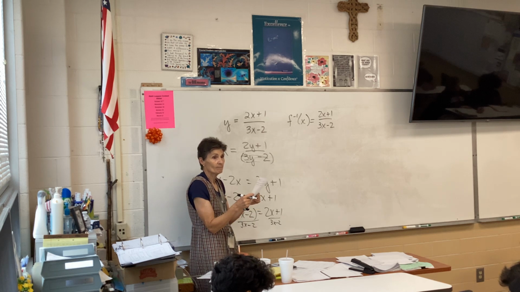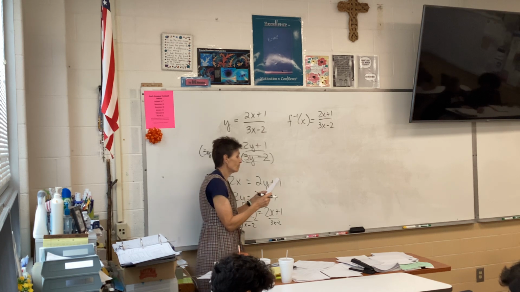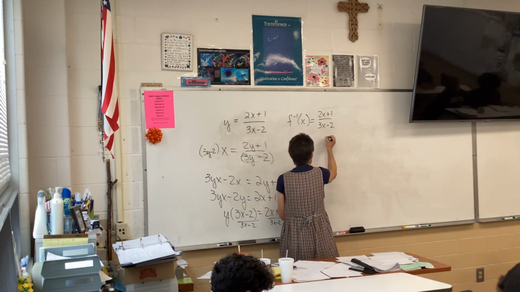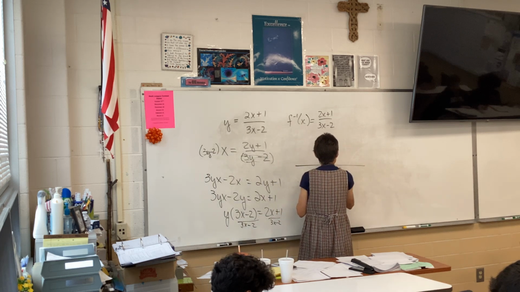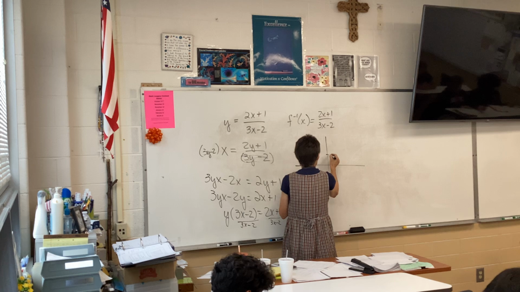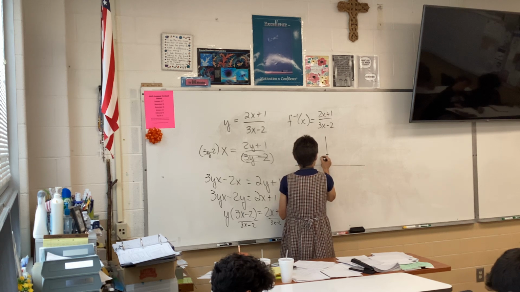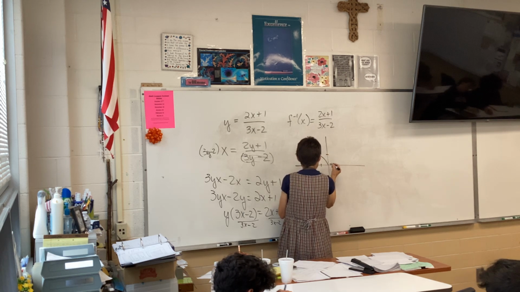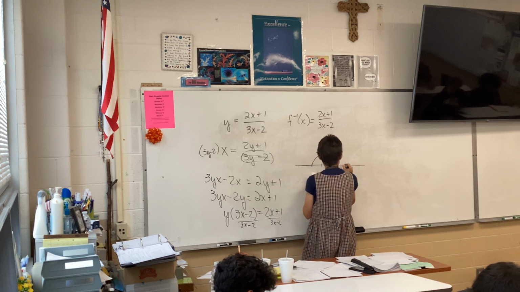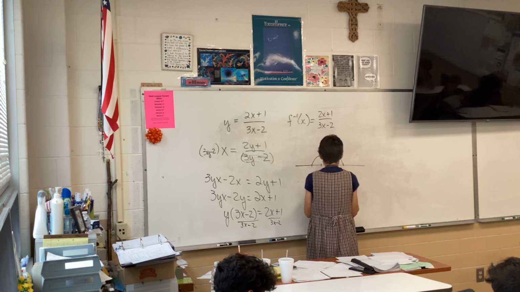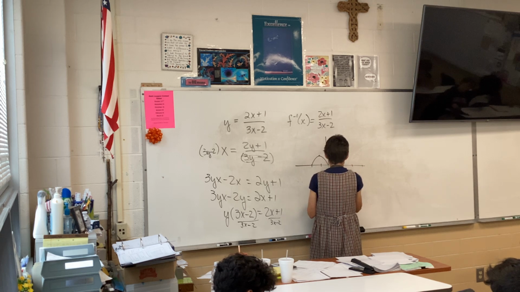All right, you ready? All right, number 4. So I've got this generic shape here. It has that little semicircle, and it has this triangle, and then it has another semicircle.